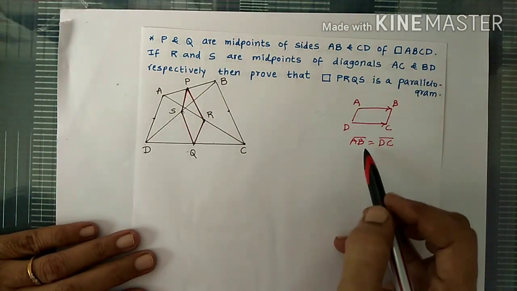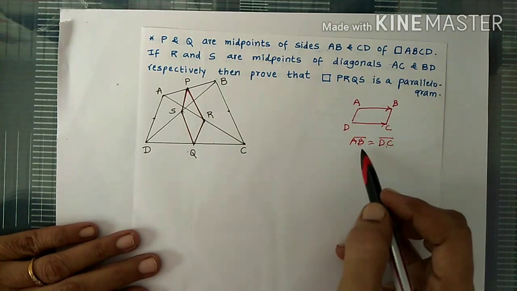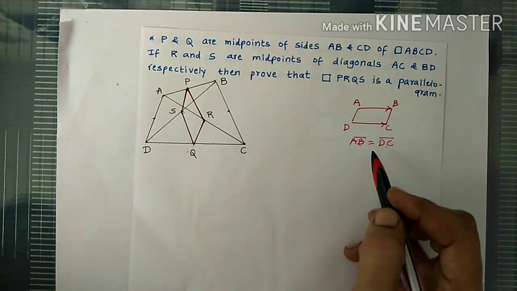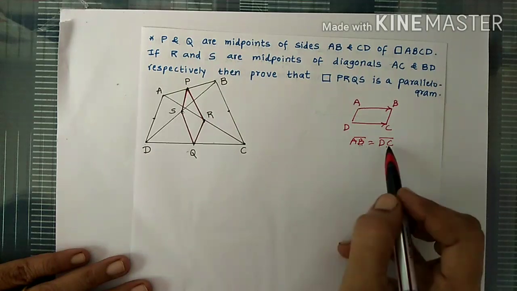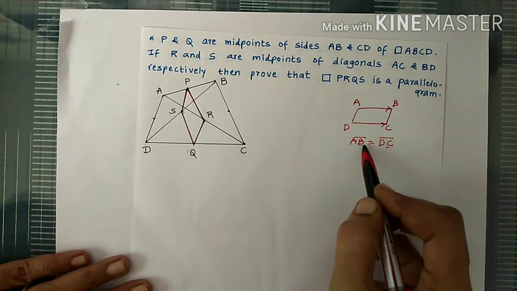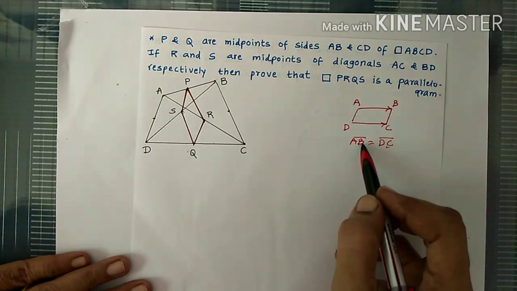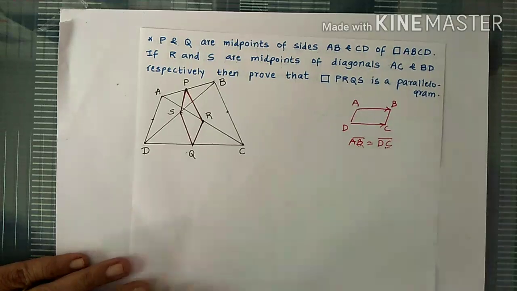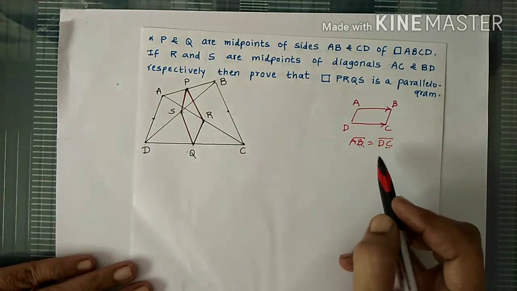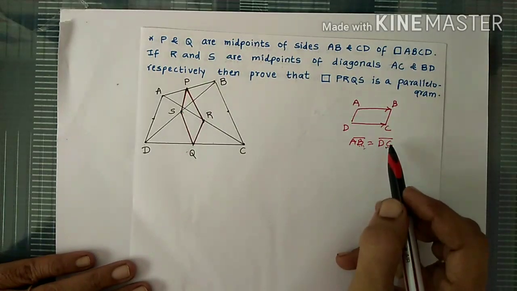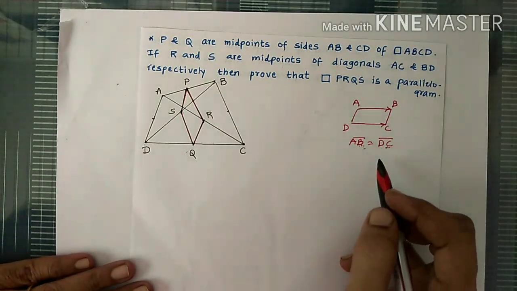And when we consider the vector, we are proving both the properties in one equation only. So if we prove AB bar equal to DC bar, we have equality of the vectors. That means they are parallel. And considering the magnitudes, we have AB equal to DC. So when we prove vector equation AB bar equal to DC bar, we are proving that AB bar is parallel to DC bar and their magnitudes are same.